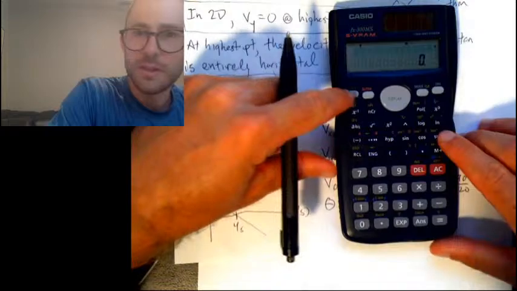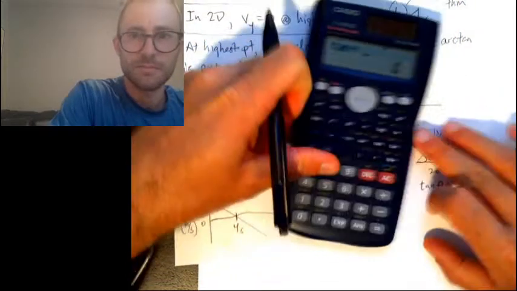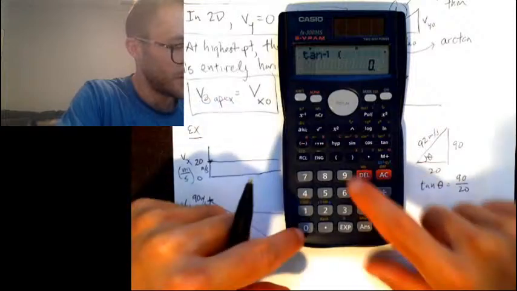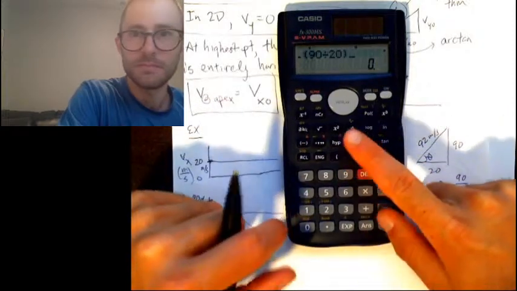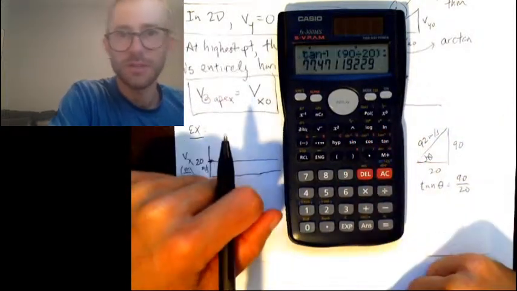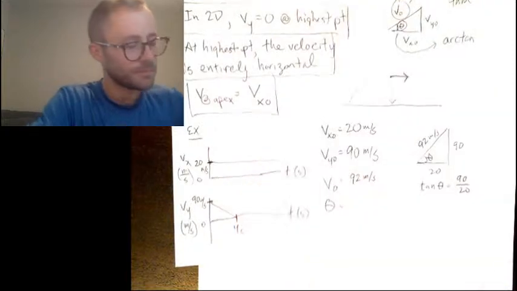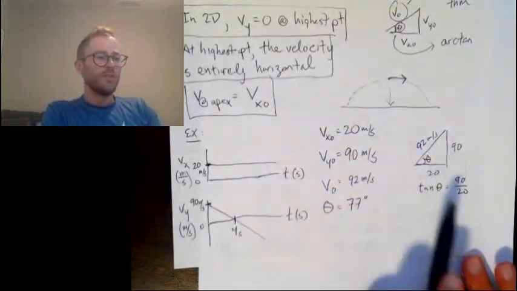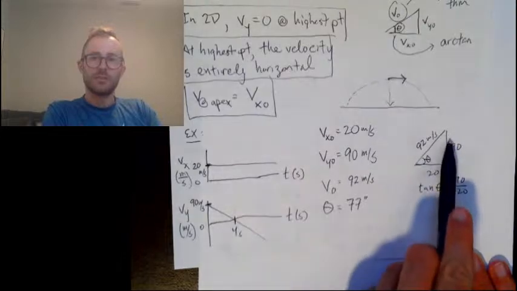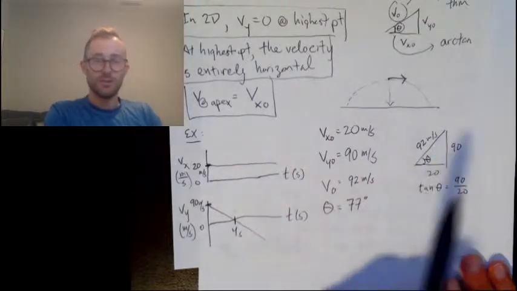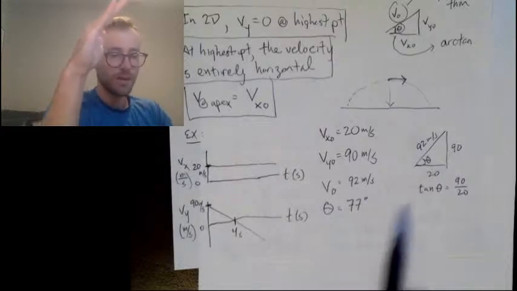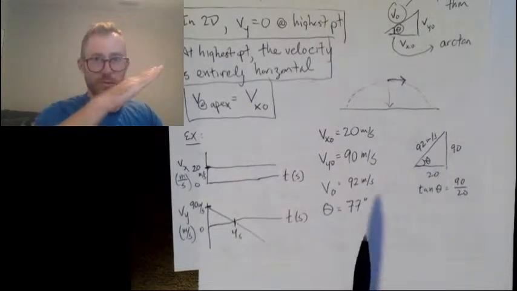So I have inverse tangent of 90 over 20 is 77 degrees. Notice how the vertical velocity is much greater than the horizontal velocity, so it's almost an up and down launch, okay? If they were equal, this would be a 45-degree launch.